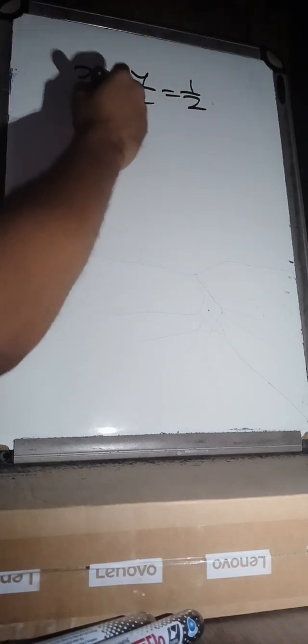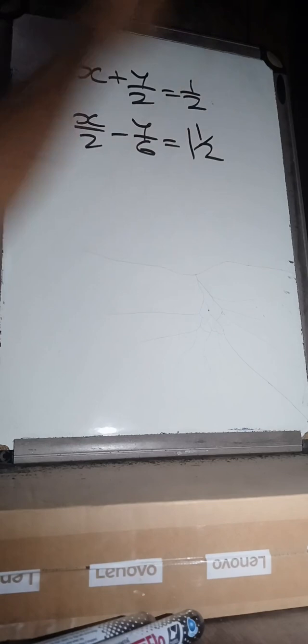Alright, so let me write it. x plus y over 2 equal half. And then we have x over 2 minus y over 6 is equal to 1.5.